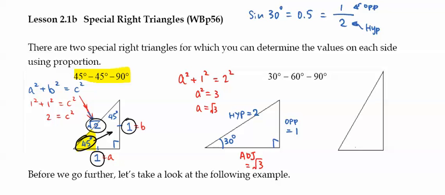Using this right triangle, if I rotate my triangle to have the 30 degree angle up here, the line opposite to it will still be a 1. This is the line opposite to this angle. Here is your angle.